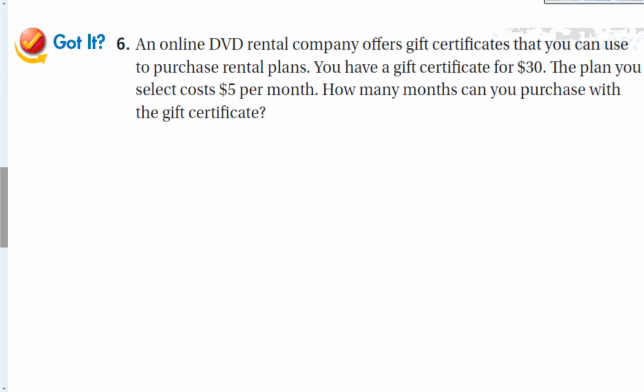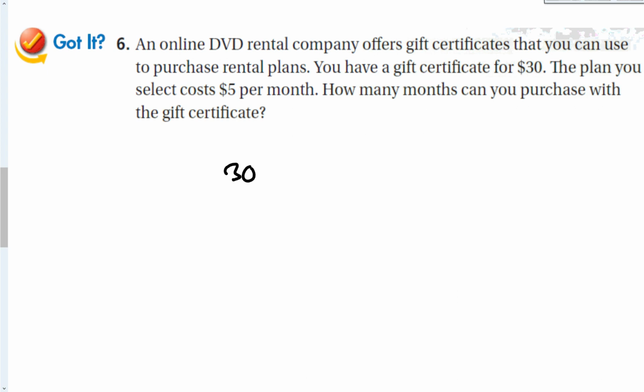Let's set up another one. Our got it problem. An online DVD rental company offers gift certificates that you can use to purchase rental plans. You have a gift certificate for 30 bucks. The plan you select costs $5 per month. How many months can you purchase with the gift certificate? This should be pretty obvious, a little bit easier to set up. You have $30.